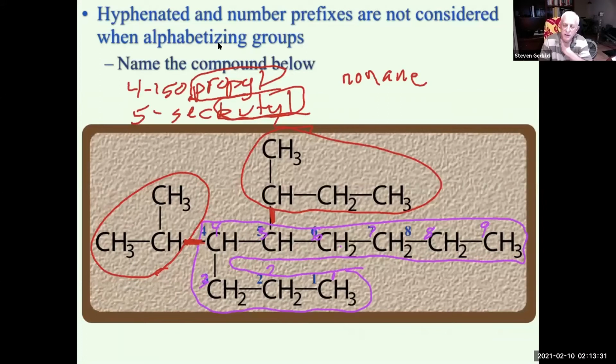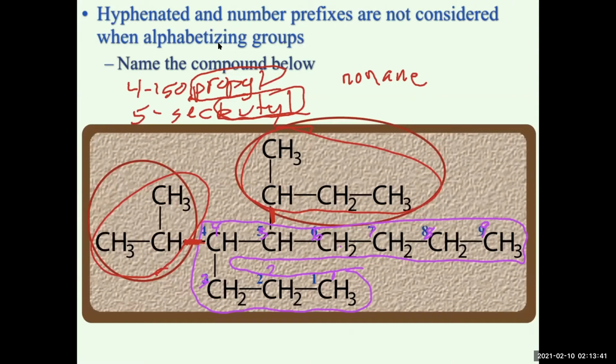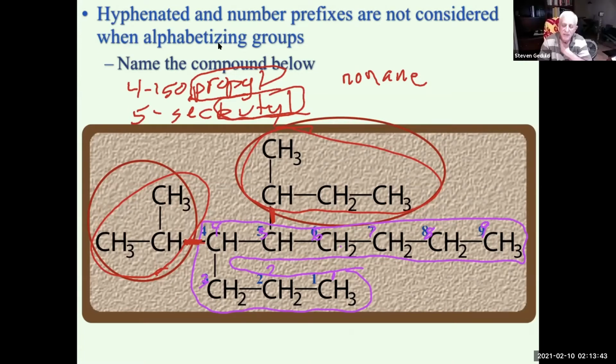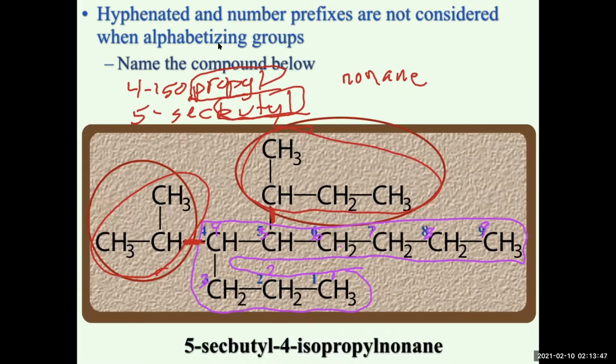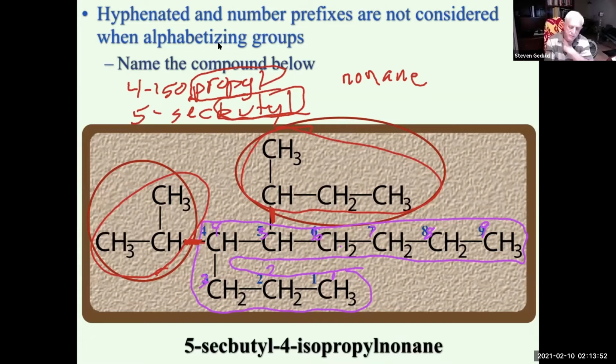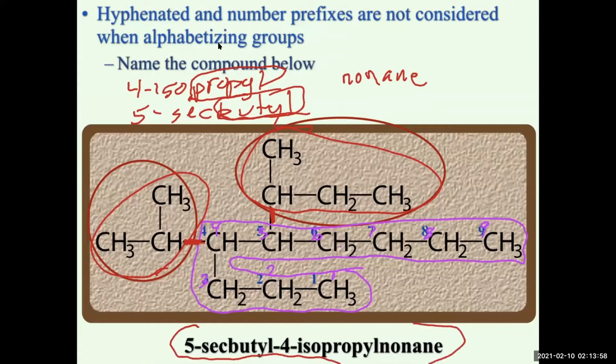Yeah, let's count our 9 carbons again. Is it sec-butyl or just sec? Oh, never mind. Sorry, I see it on the bottom. Yeah, on the bottom it's a lot clearer. So it's 5-sec-butyl, 4-isopropyl nonane.